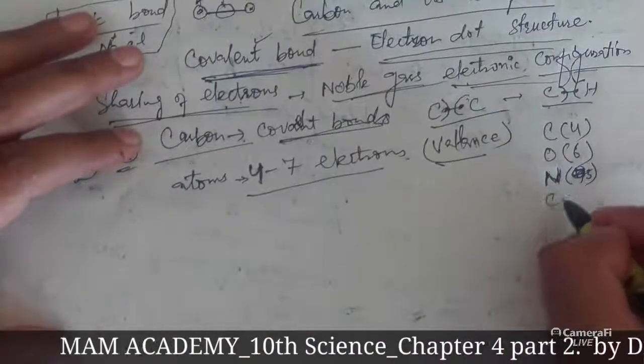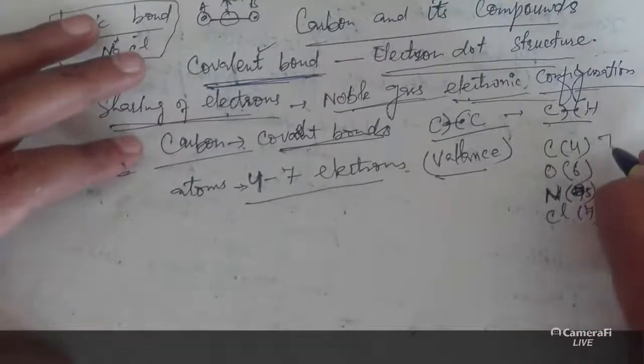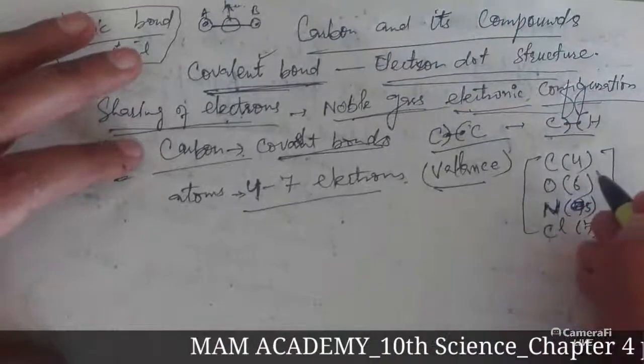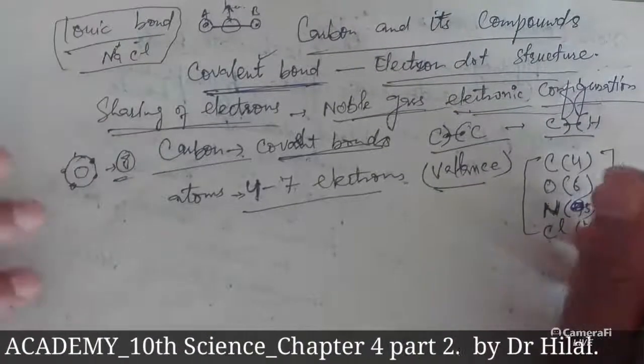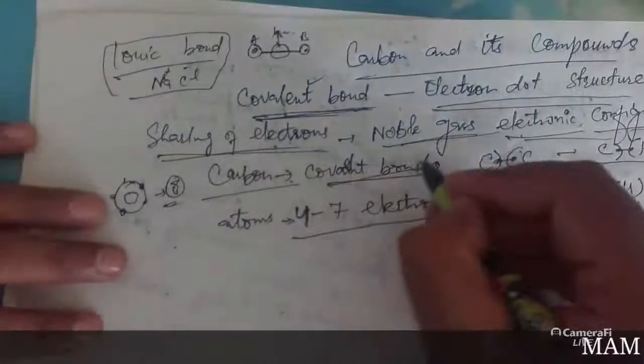Chlorine has 7. So we can say 4 to 7 electrons should be present in the valence shell so as to form covalent bonds.